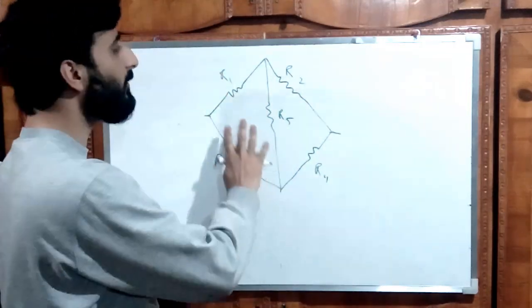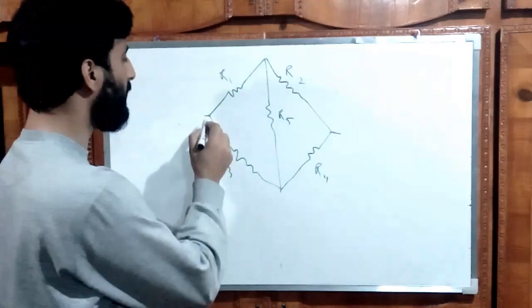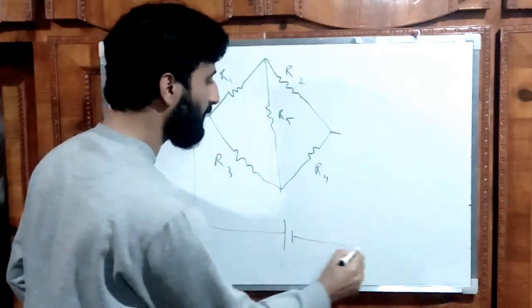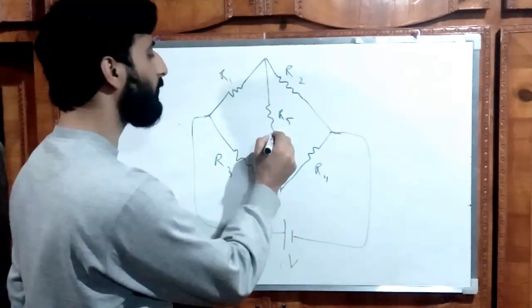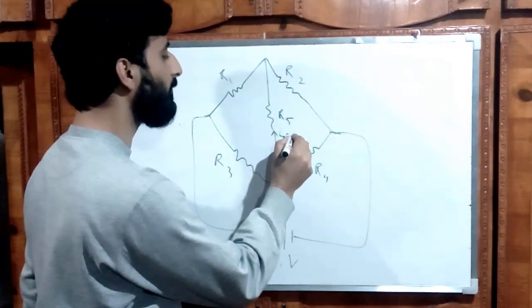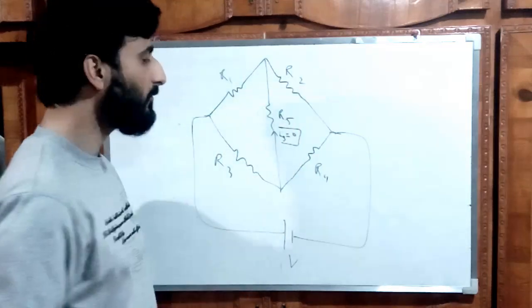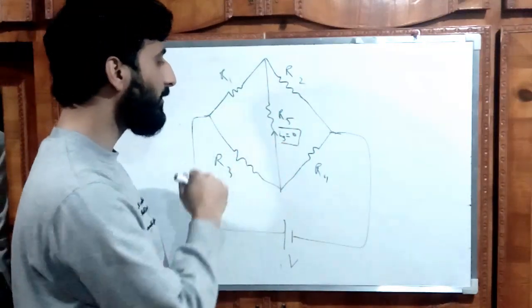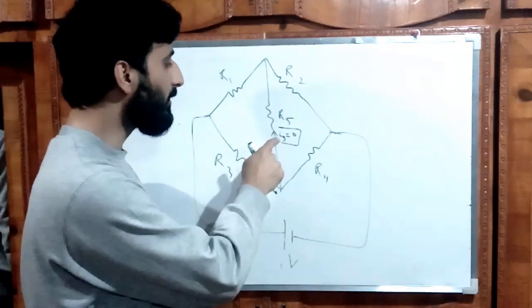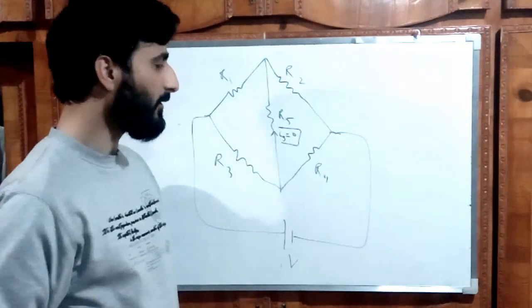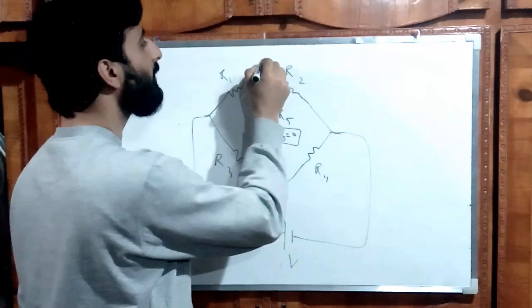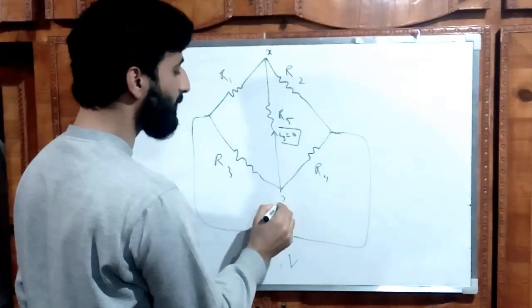Whenever this bridge is in balanced condition, the current through this resistor R5, I am designating it with I5, will be 0, and whenever it is 0, the potential at this point will be the same as the potential at this point.